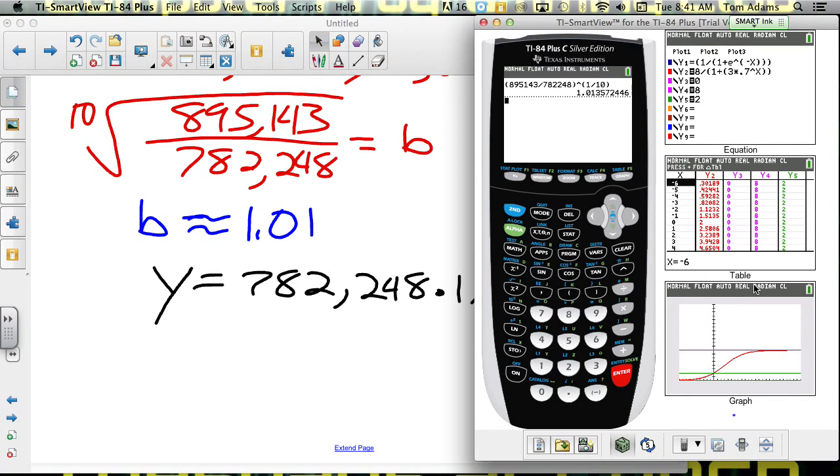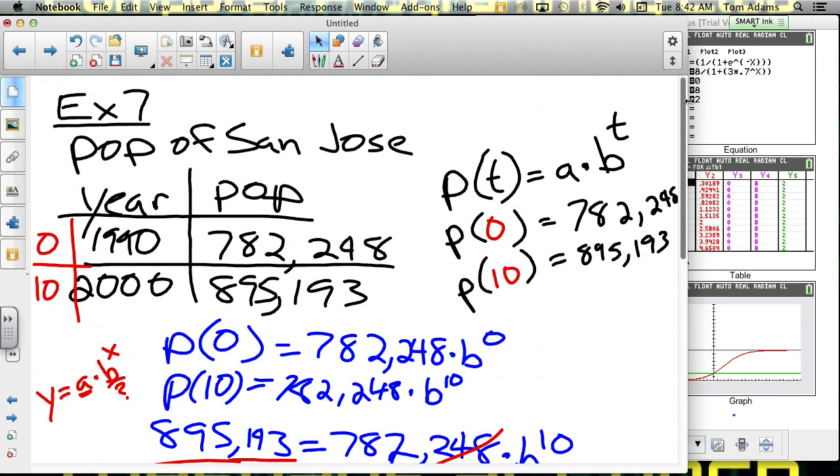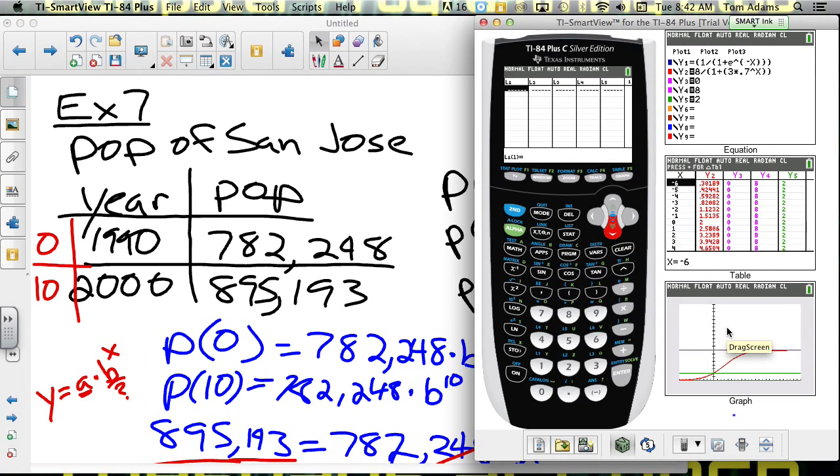Now I can verify that in my calculator by going into my stat list, and I'm going to clear my list first. Oh, it doesn't like that. So let's just go in here and clear it manually. All right, so I've got two numbers to enter in. I'm going to enter in 0 and 10.